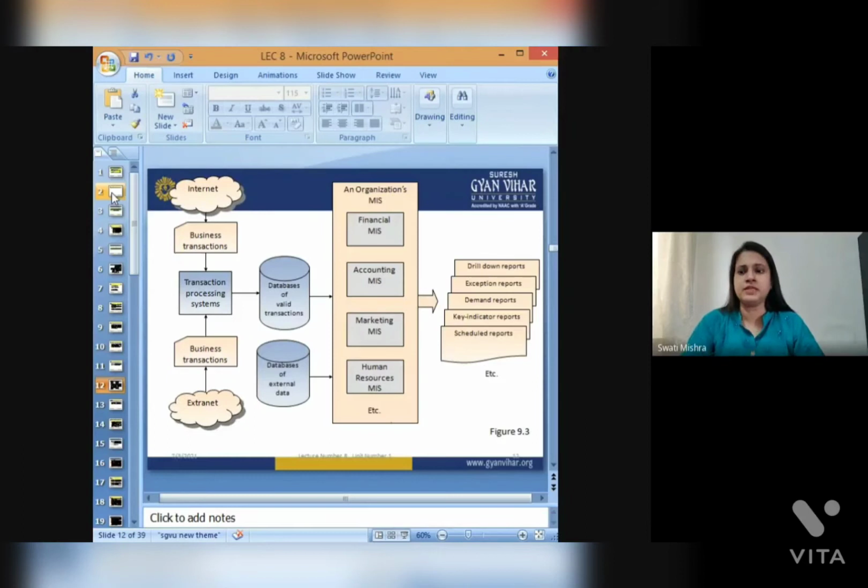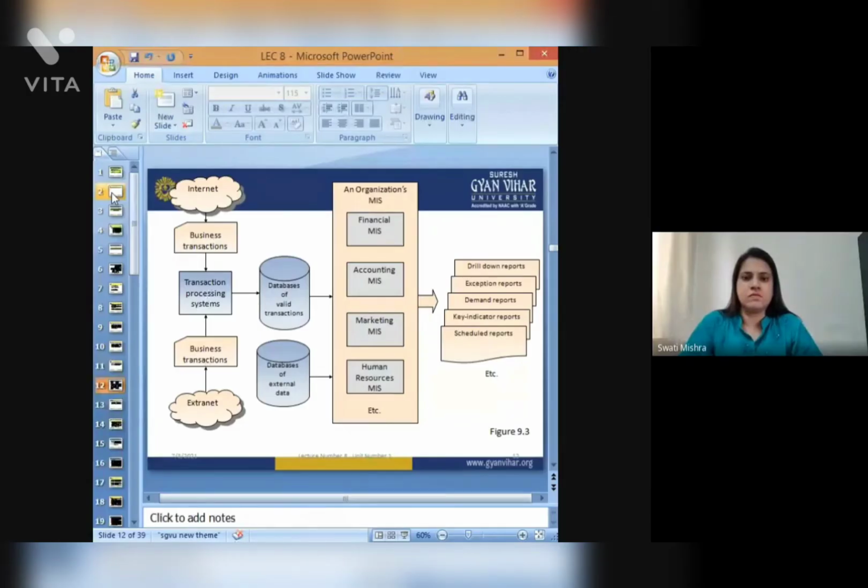And as far as your MIS is concerned, your MIS is there for managing accounting MIS, there is marketing MIS.